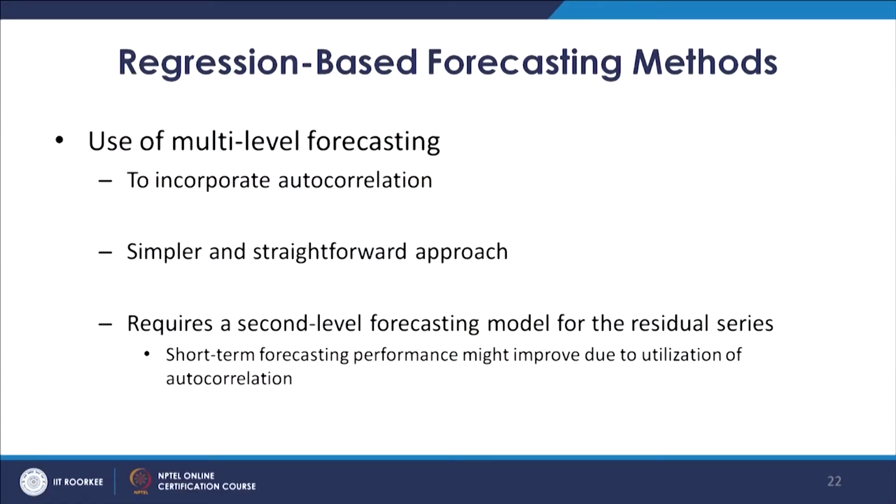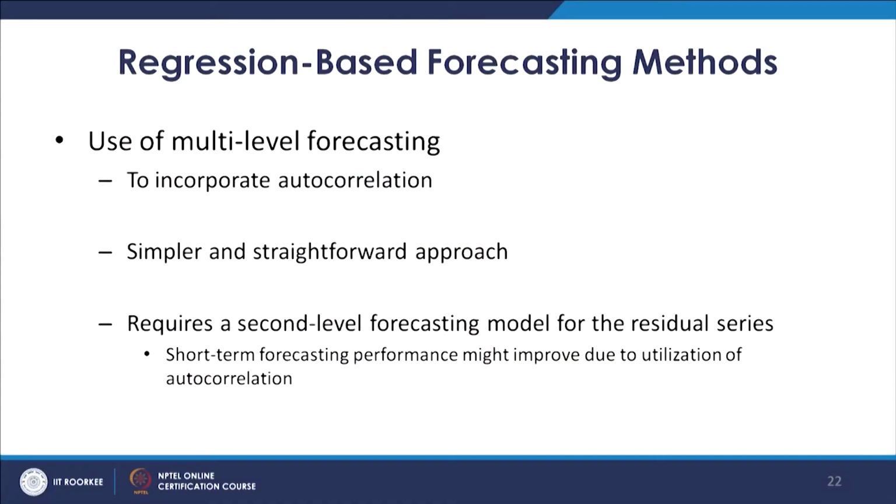What we need to do is build a second level forecasting model for the residual series. We will have a first level forecasting model, which would be capturing the different components of the time series, trend and seasonality, and then the residual series of that model. Then we can look at incorporating autocorrelation, so we can develop a second level forecasting model.